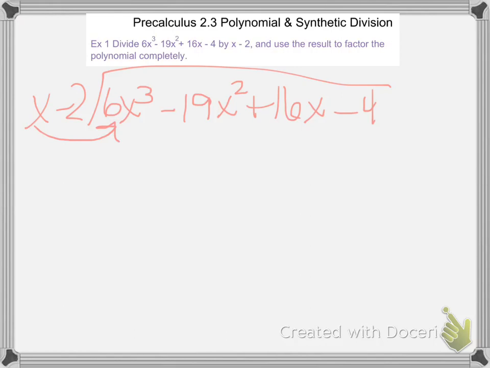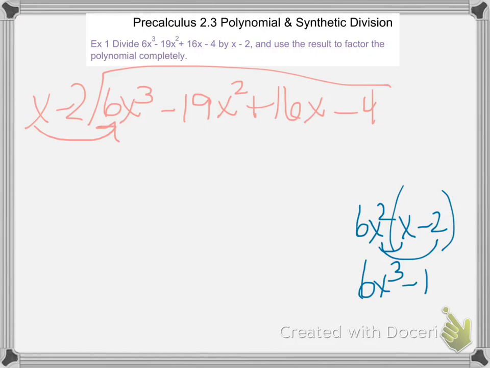That means we're going to take 6x squared times x minus 2. I'll do it horizontally. So when we distribute it through, we get 6x cubed minus 12x squared. Is that better? Yeah. Okay, this is what we're going to put right here.